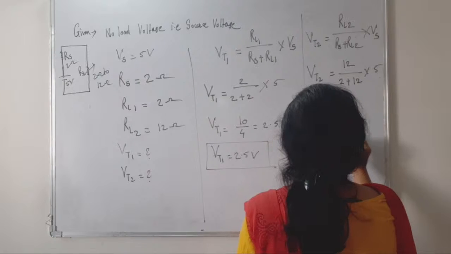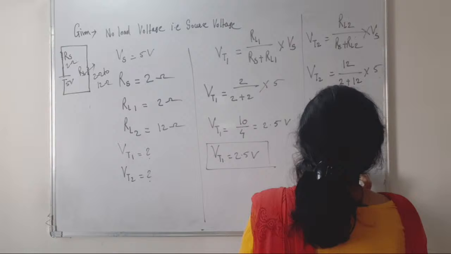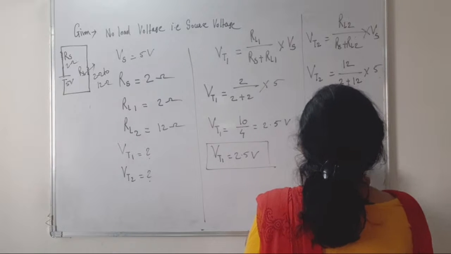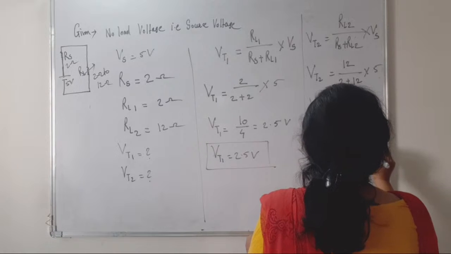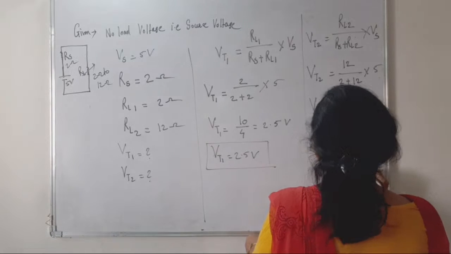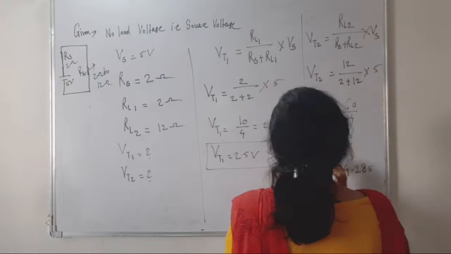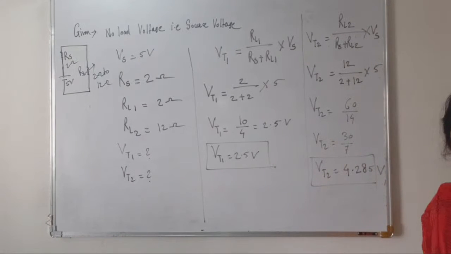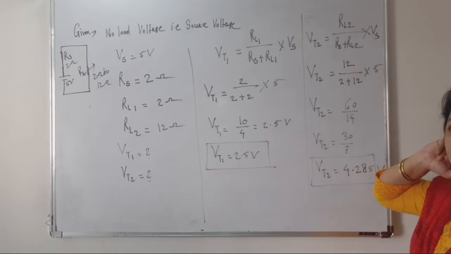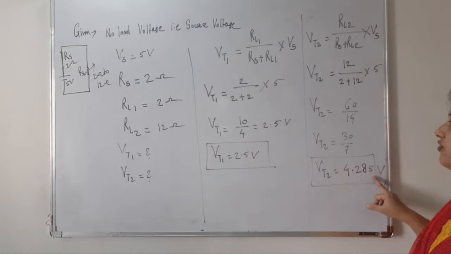VT means terminal voltage. Terminal voltage varies from 2.5 to 4.285.